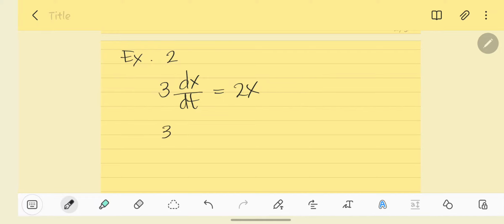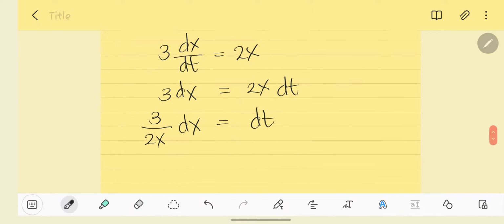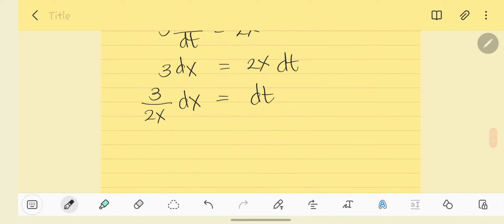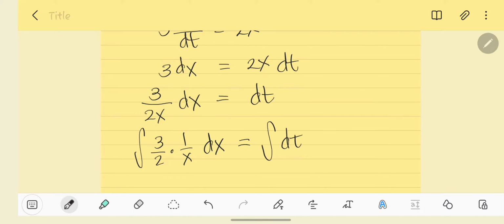So step 2 is 3 dx is equals to 2x times dt, and then combining the like terms, the equation now becomes 3 over 2x dx is equals to dt. And then integrating both sides for step 4. So 3 halves times 1 over x dx is equals to the integral of dt.